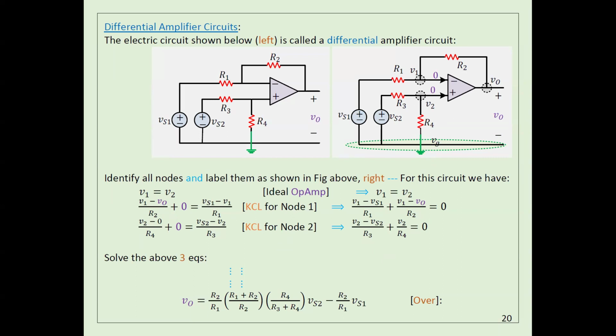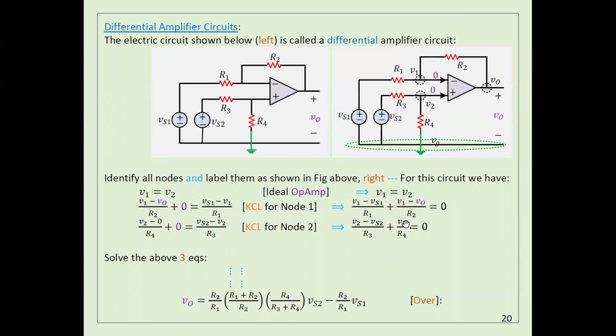So I can simply say the voltage V2, which is the voltage across resistor R4, equals the input Vs2 times R4 divided by (R3 plus R4). This is voltage division. By this way, I get V2 in terms of Vs2.